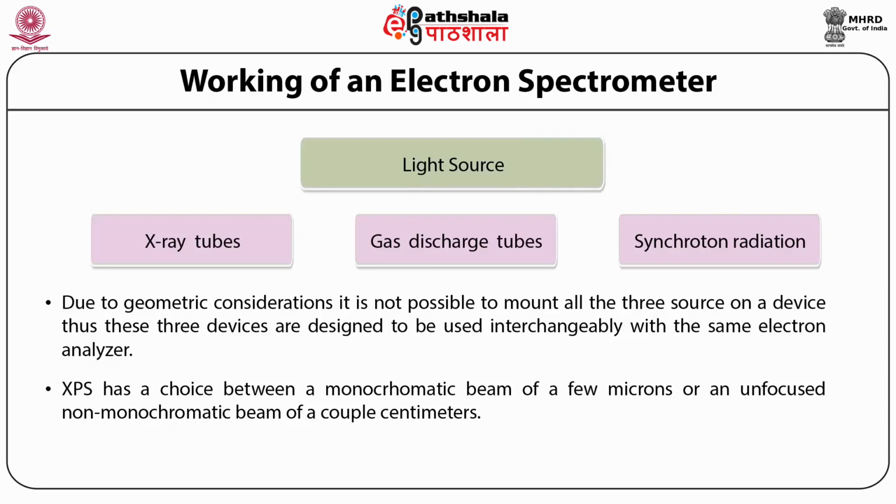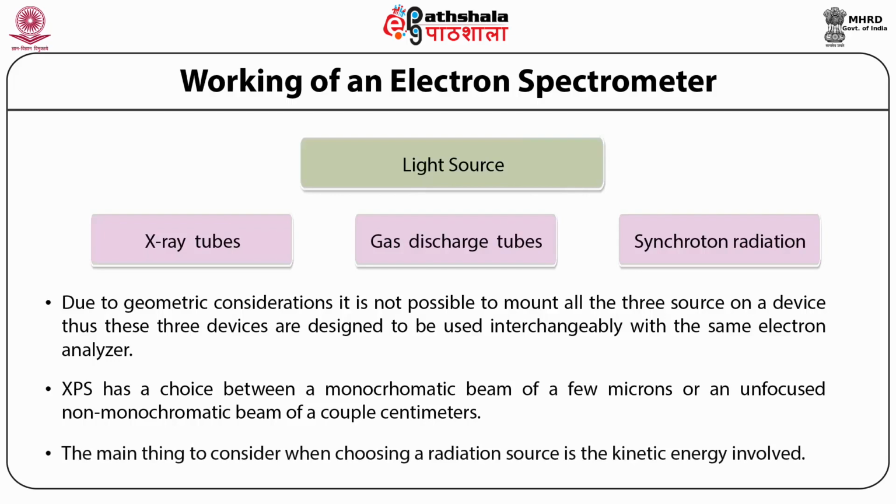For a more versatile light source, synchrotron radiation sources are also used. Synchrotron radiation is especially useful in studying valence levels as it provides continuous polarized radiation with high energies greater than 350 electron volt.